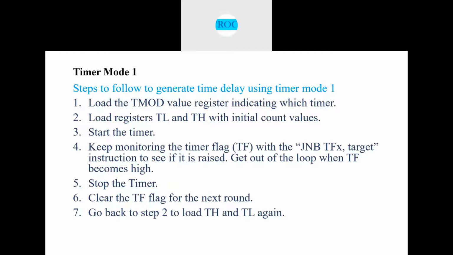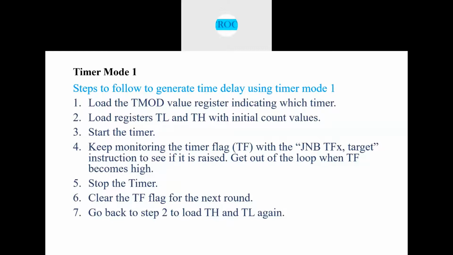The steps you need to follow: the first is to load the TMOD register indicating which timer. Now I need to generate the time delay, and which mode do I need to use for this? I need to use mode 1.